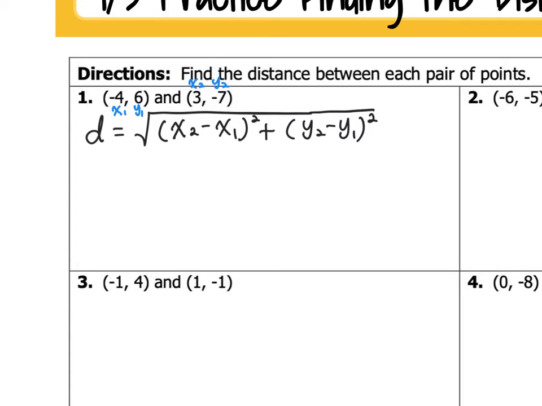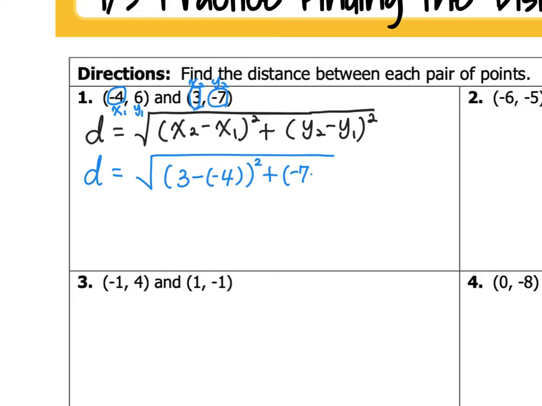So let's plug in all the numbers we have. So d equals the square root, x2 is 3, x1 is negative 4. So 3 minus negative 4, squared, plus y2 is negative 7, so negative 7 minus y1, which is 6, squared.